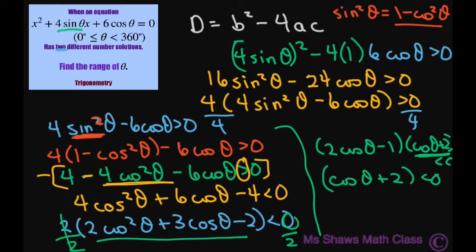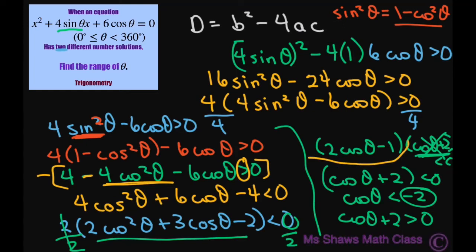But this is always positive. So basically it's saying that cosine of theta is less than negative 2, but cosine of theta plus 2 has to be positive. So we disregard that one. The only one we're going to use is this one right here.